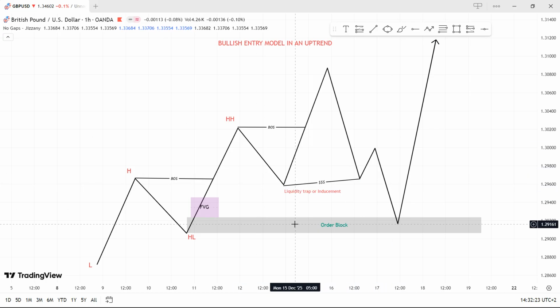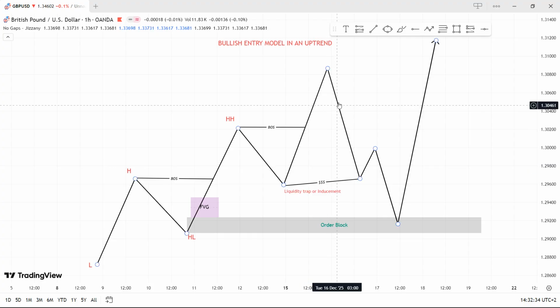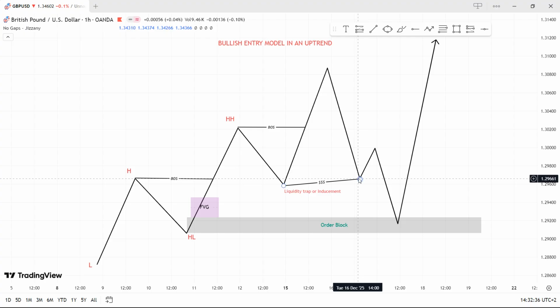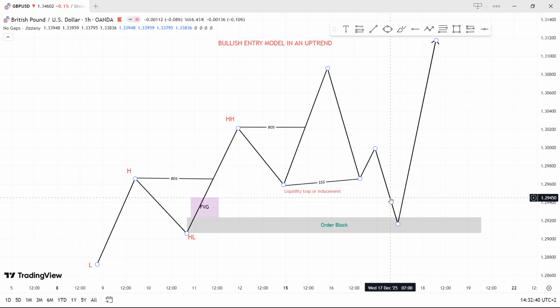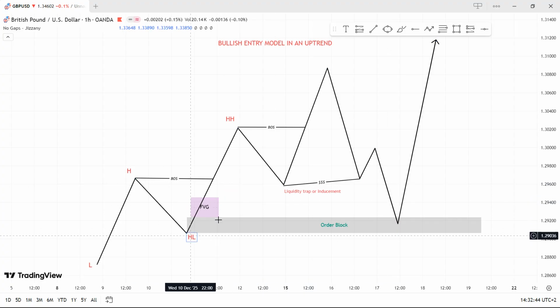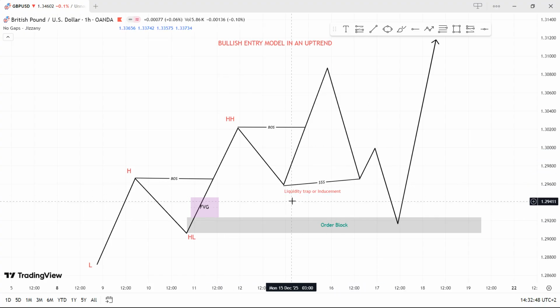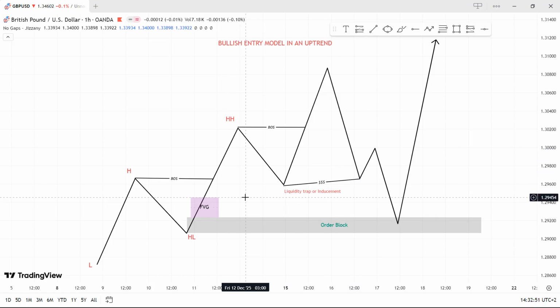So that means this area above here will be a trap. Usually price gets to that area and it will fake a move upwards, then it will sweep you out. So make sure that this area below will be mitigated before you can try to take a buy here. That's how you can avoid a liquidity trap.